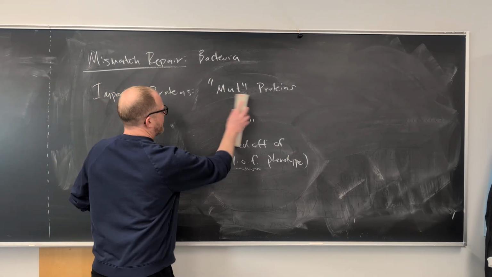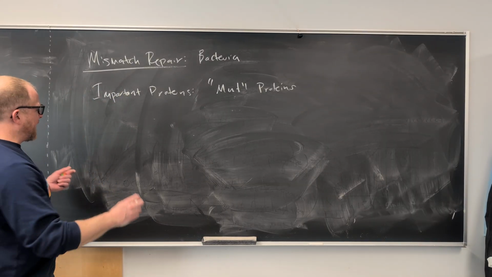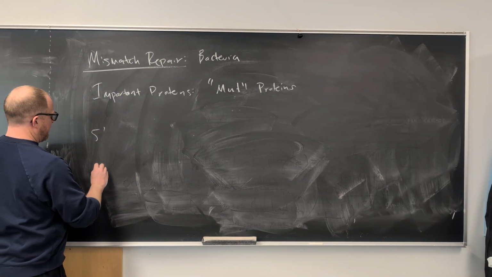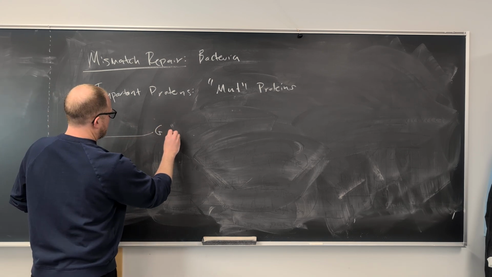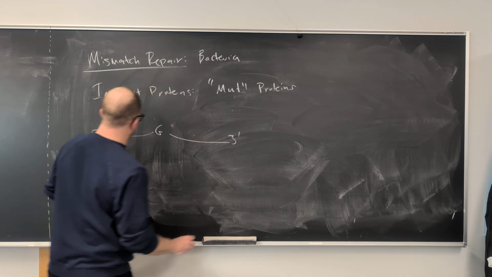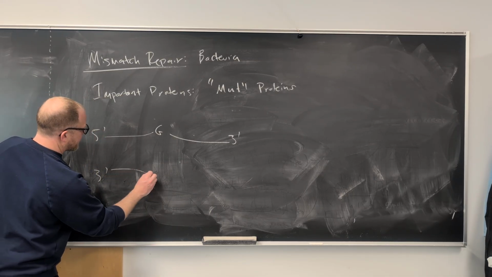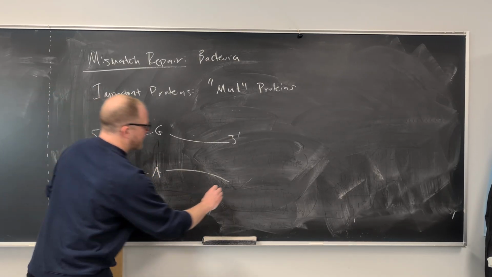I'm going to erase this part here. All right, so let's say we've got this situation in a bacteria where we have a stretch of DNA, okay? Top strand 5' to 3', bottom strand anti-parallel. Okay, and let's say in this case there is an incorrect base pair right here.